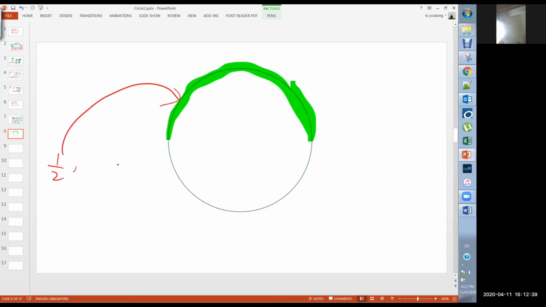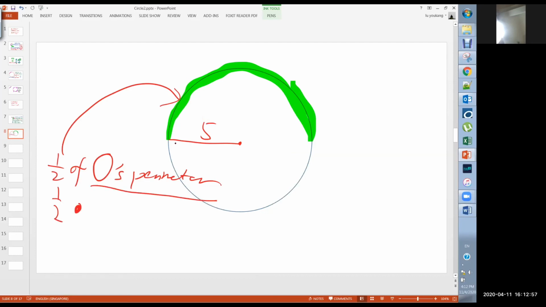Of the circle's what? Perimeter. Very good. So if I tell you the radius is 5, that means half, copy down, of means times, the circle's perimeter means the entire circle formula. What's the formula? 2 pi r.